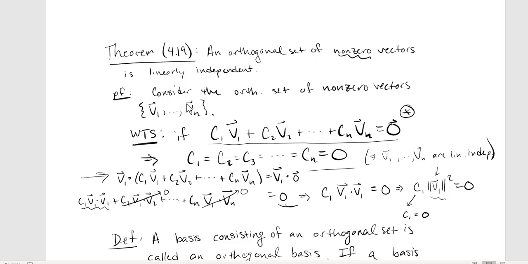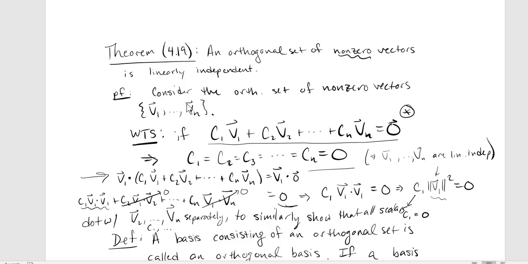Repeat this process, but instead of dotting with V1, dot with all the other vectors, V2 all the way out through Vn separately, to similarly show that all scalars, C1 through Cn, must equal 0.